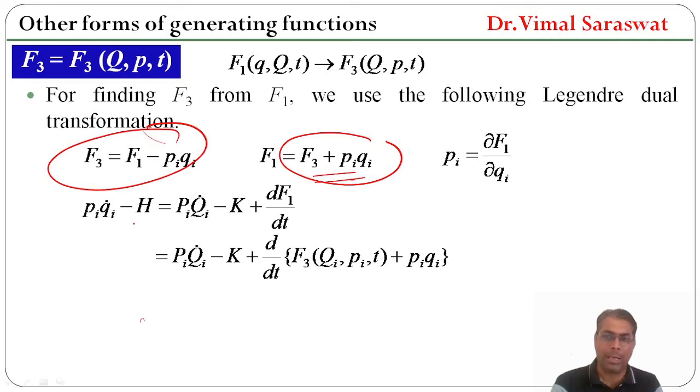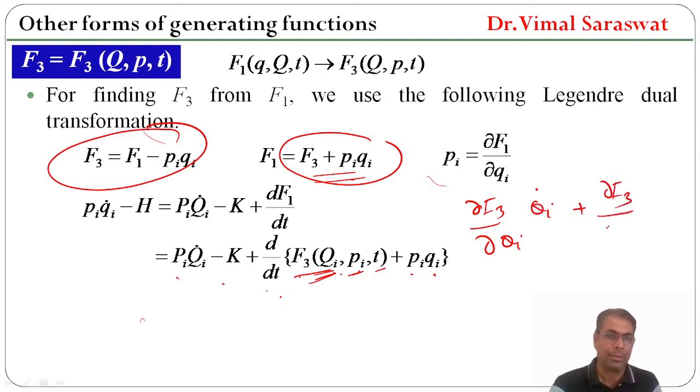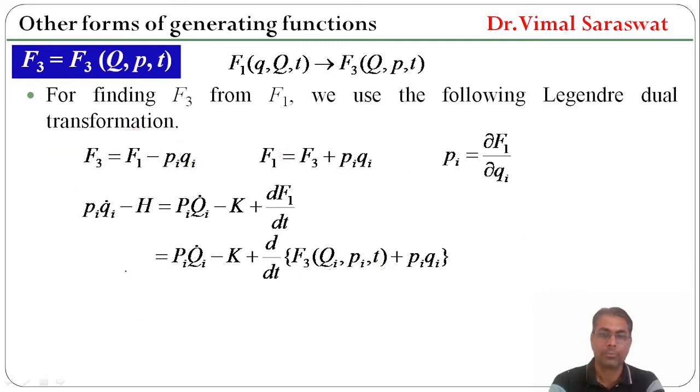So pi qi dot minus h equals capital Pi Qi dot minus k plus d by dt of F3 plus pi qi, and F3 is a function of capital Qi, small pi and t. If we differentiate F3 with respect to time, then we get del F3 by del capital Qi into Qi dot plus del F3 by del small pi into small pi dot plus del F3 by del t.